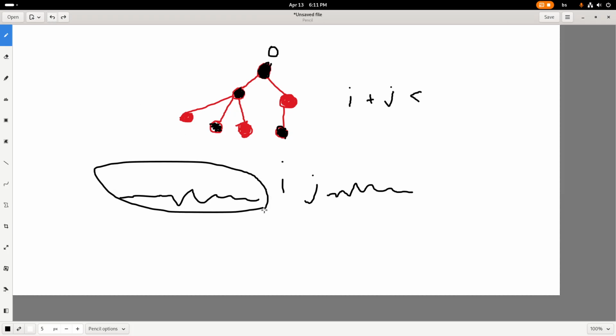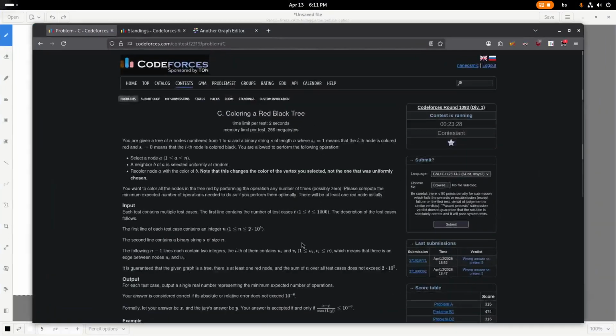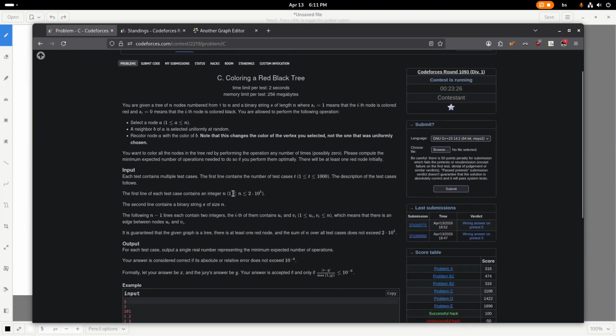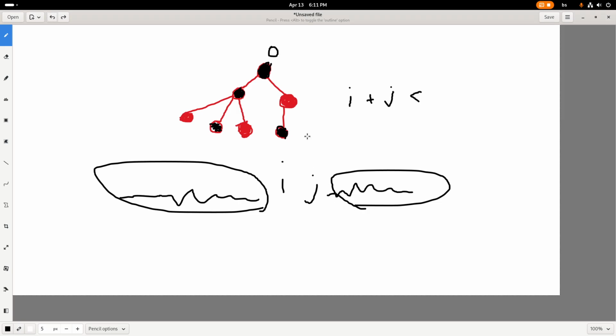it depends on this, and it depends on this, and I don't think the constraints allow it. If n was 10 to the third, then I could bubble sort this, so I know exactly what's before and what's after.